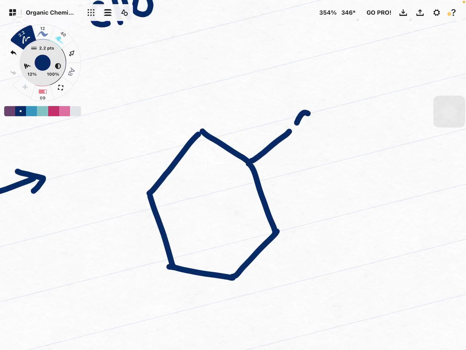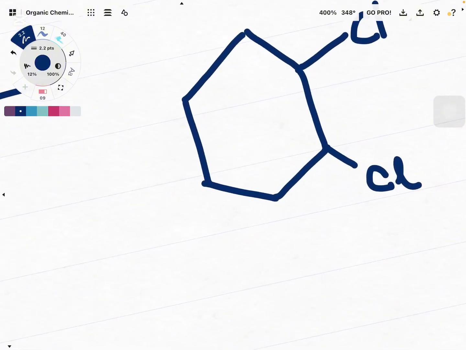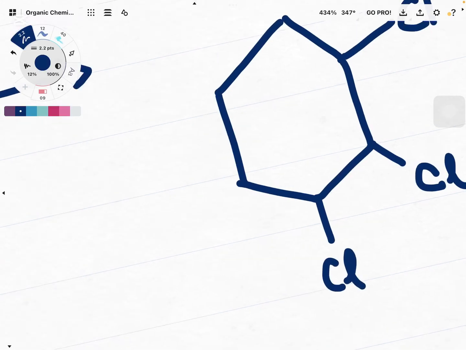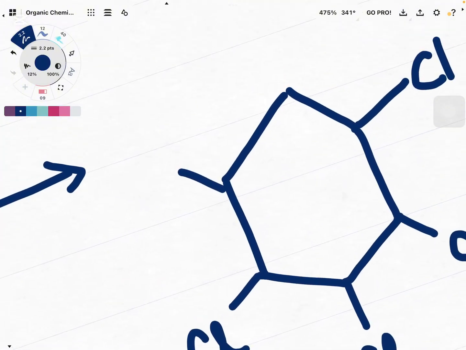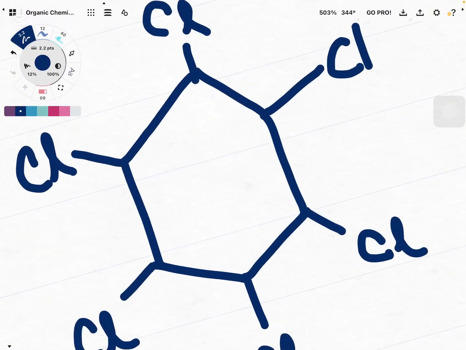And we will give a chlorine to every point of the hexagon. Remember, there is no ring inside it.